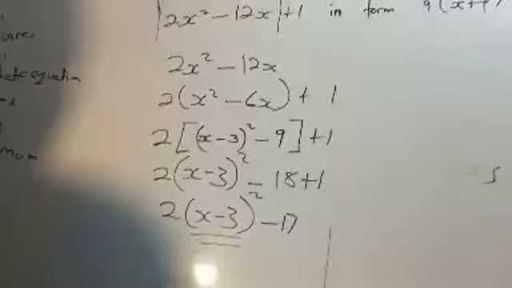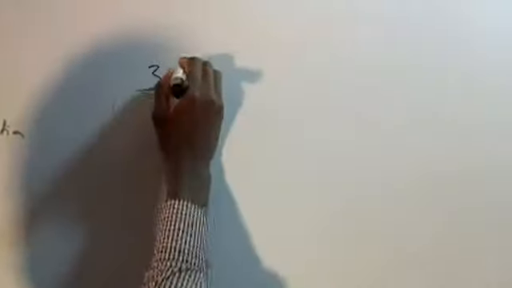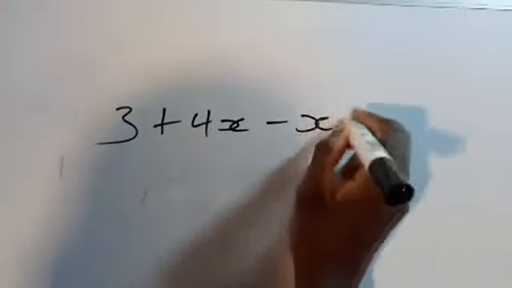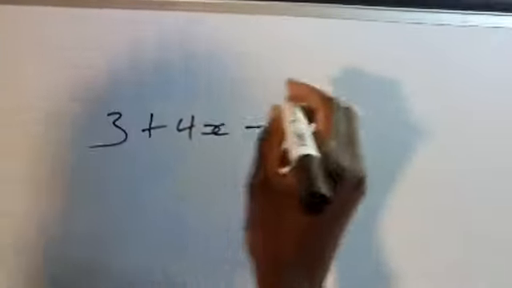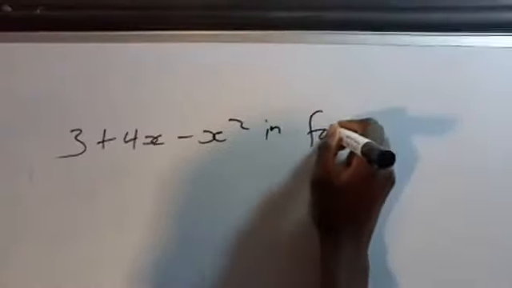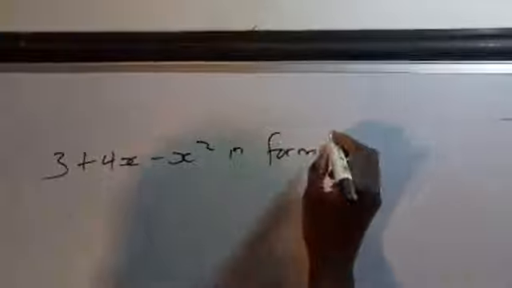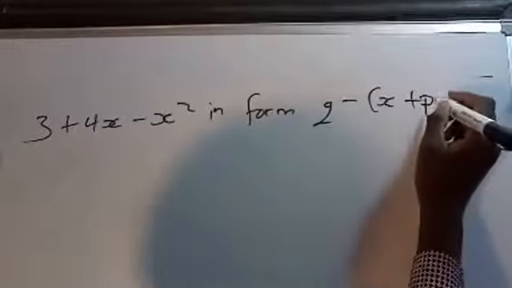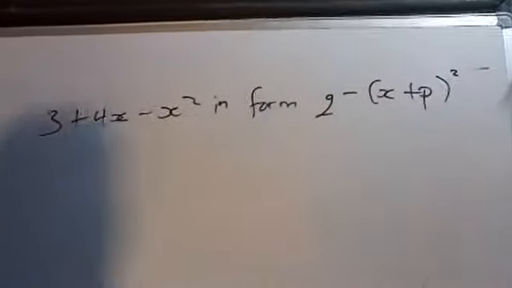And they can give us another confusing question, which can be in the form of 3 plus 4x minus x squared, to put it in the form of q minus x plus p squared.